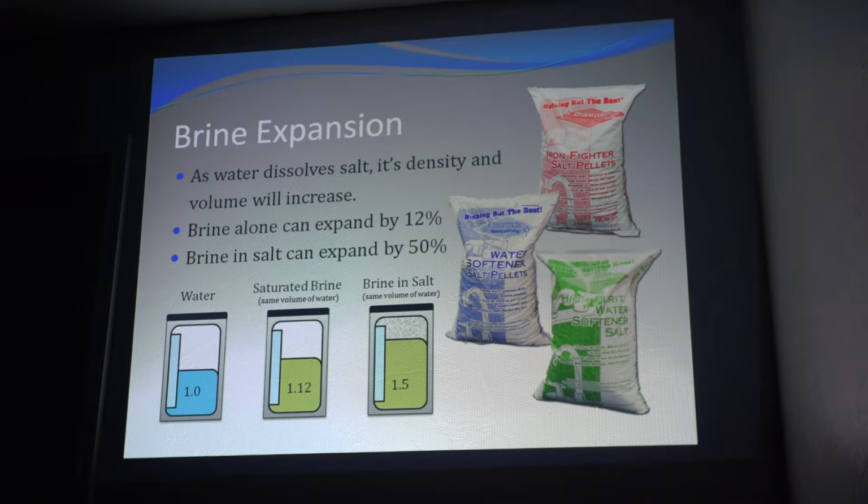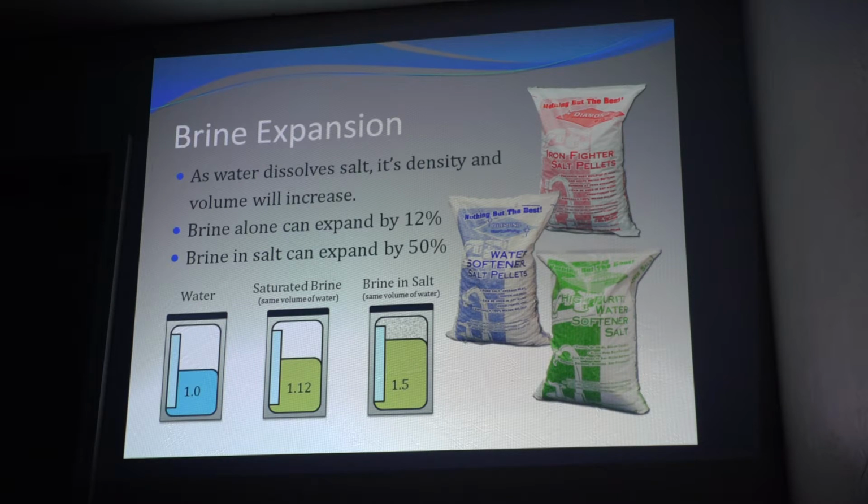Okay. But also, the finer the salt, the more displacement you get. We should mention, I think we need to change this to explain that this is displacement caused by brine or by salt. Brine alone can expand your water by 12%.